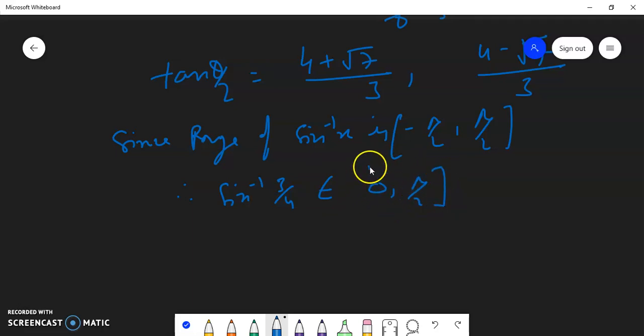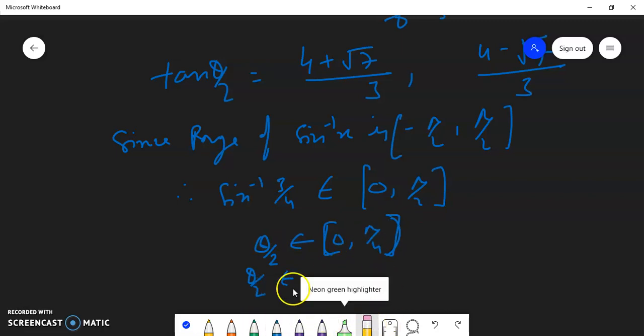So if sine inverse 3 by 4 was theta, that means theta belongs to 0 to pi by 2, so theta by 2 will belong to 0 to pi by 4.